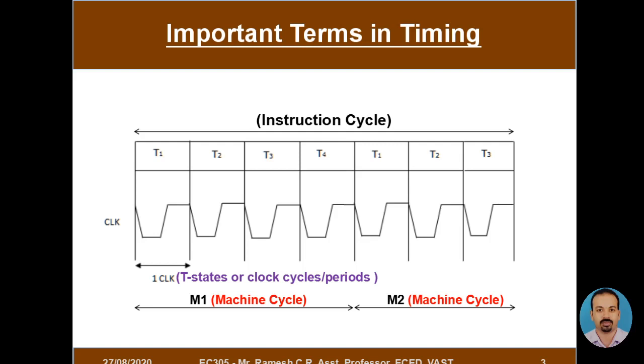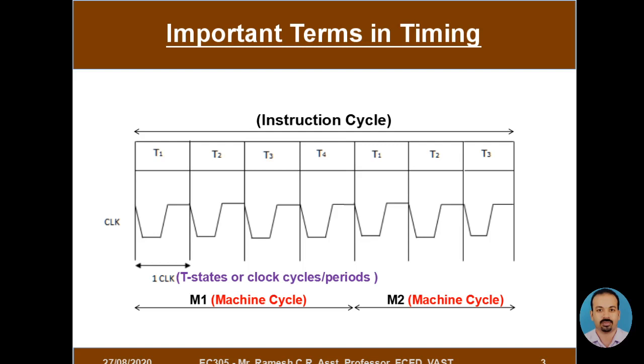The next term is the machine cycle. A machine cycle can be defined as the number of T states, or the time, required by the 8085 microprocessor to complete a specific task. From the figure you can see that the instruction cycle consists of two machine cycles, M1 and M2.